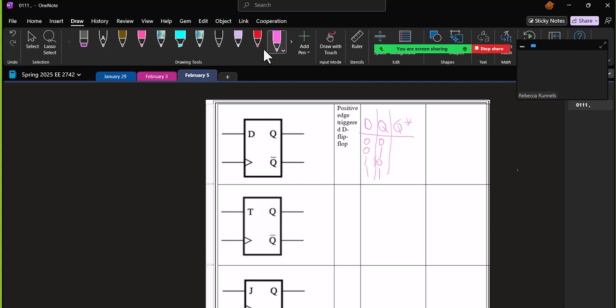So the Q star is the next value of Q. Q is the previous value of Q.